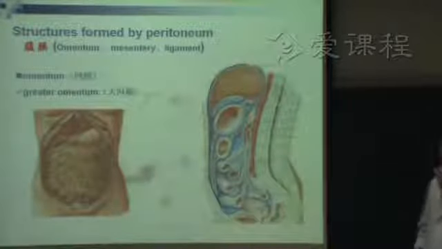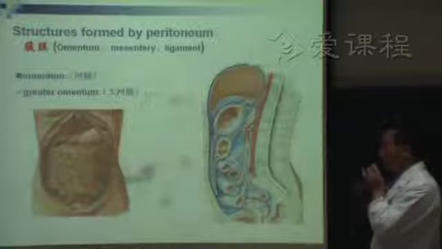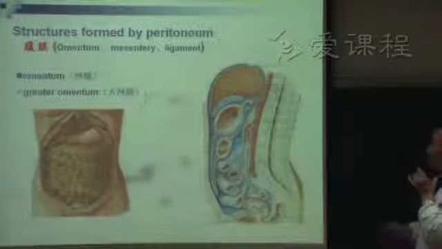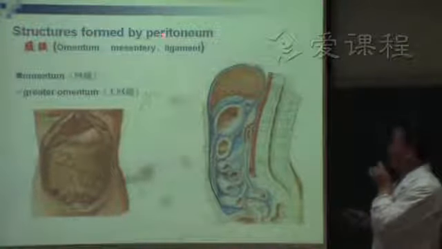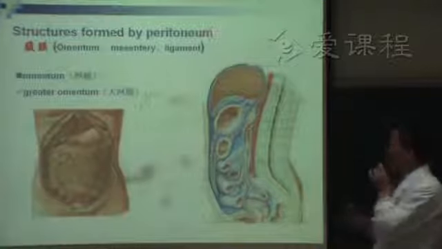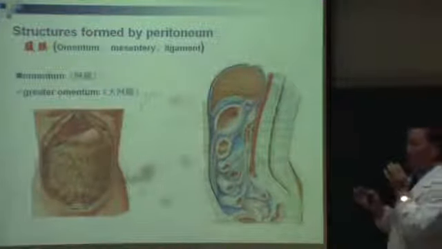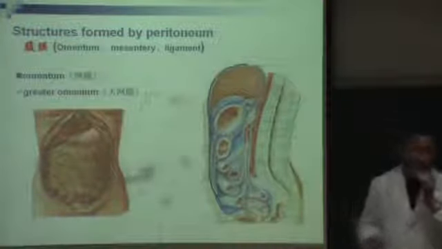Okay, what structures should we observe? They are the structures formed by the peritoneum. The peritoneum in the abdominal cavity forms special structures.